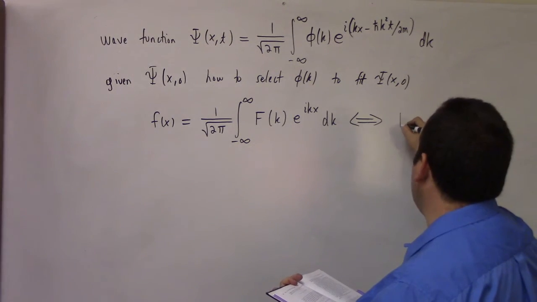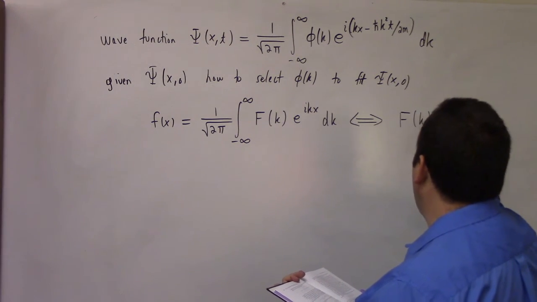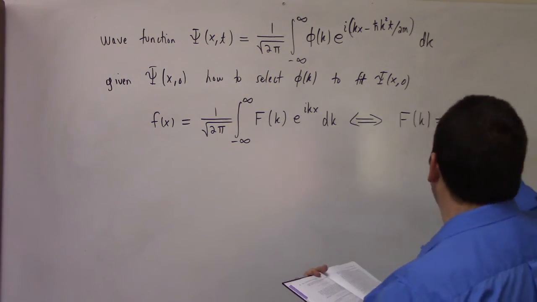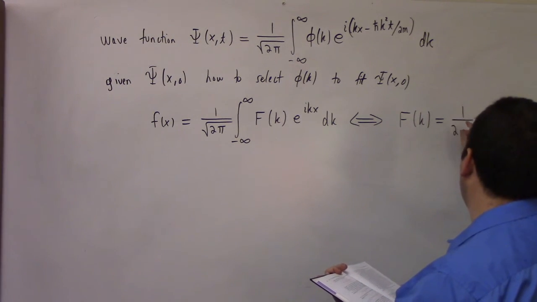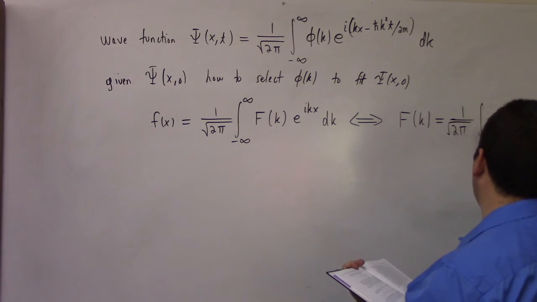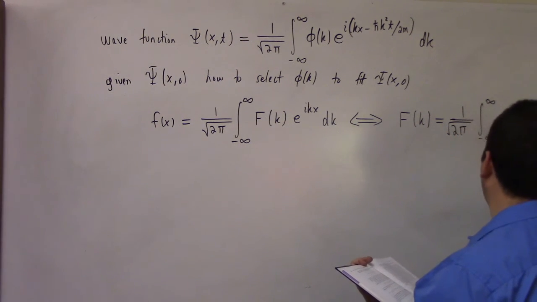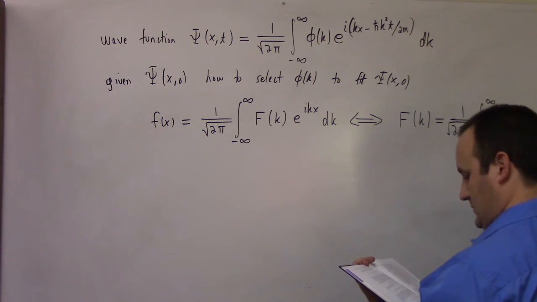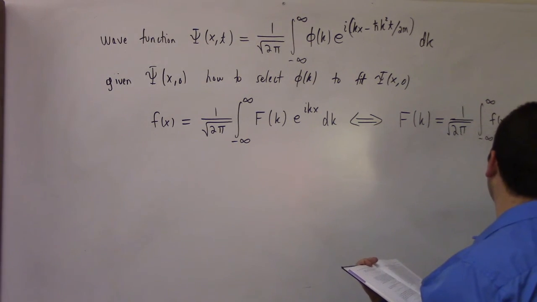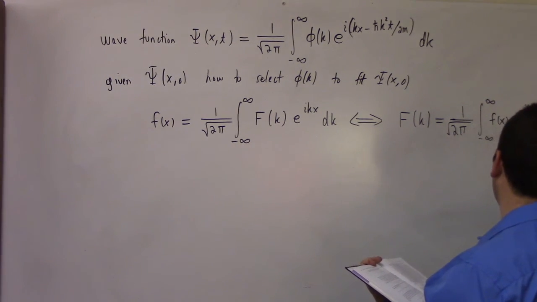if and only if big F of k is equal to 1 over the square root of 2 pi times the integral from minus infinity to infinity of f of x, e to the minus ikx, dx.